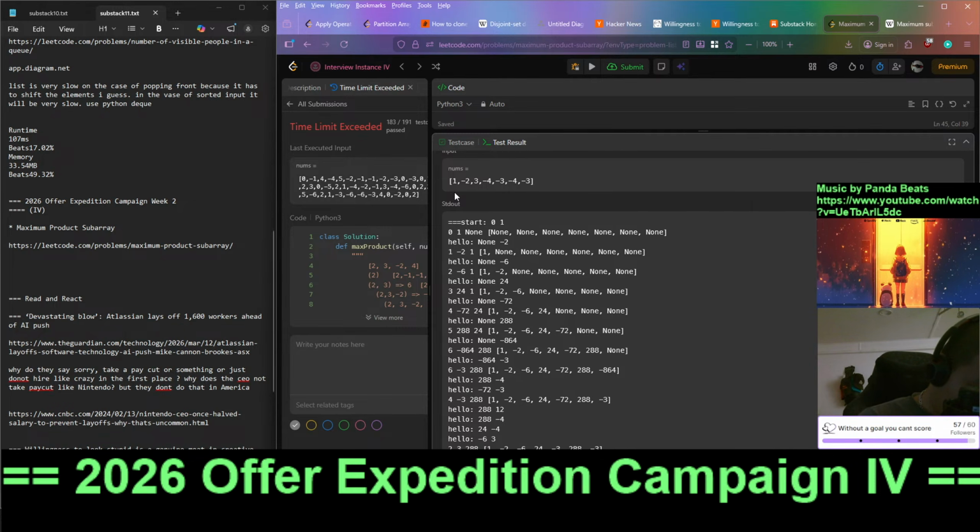So we have 3 right now, -3. This is 72 negative. Make another -4, this makes it 288.